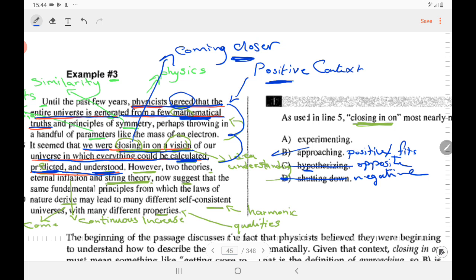Experiment a vision. Closing in on a vision. Experiment a vision. You cannot experiment a vision. You can conduct an experiment about something, but you cannot experiment a vision itself. This one is illogical. This leaves us only approaching as the correct choice.